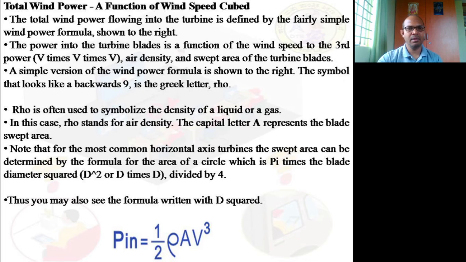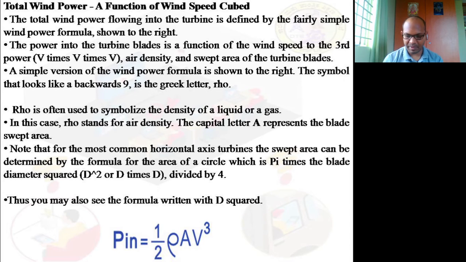The total power of wind flowing into a turbine is defined by the fairly simple wind power formula shown on the right. The power into the turbine blades is a function of wind speed to the third power, v cubed, times the air density and the swept area of the turbine blades.